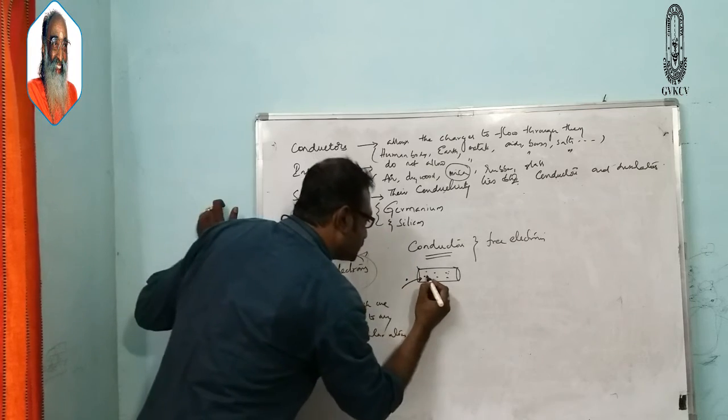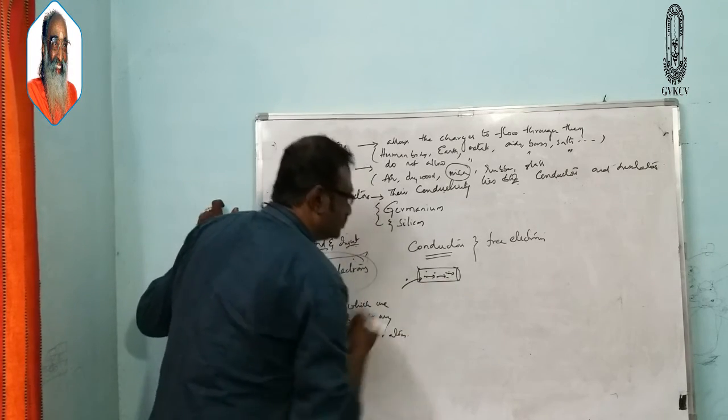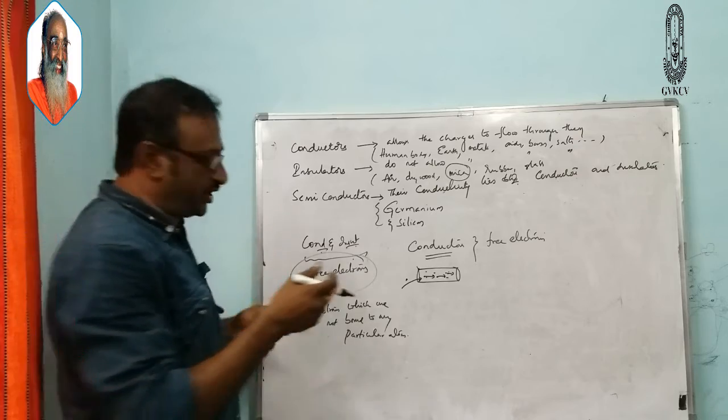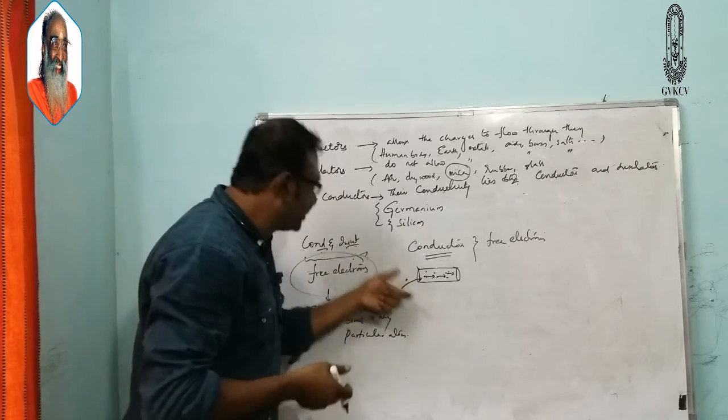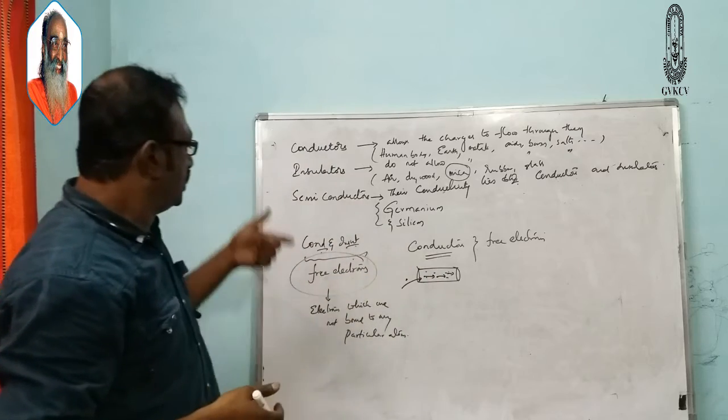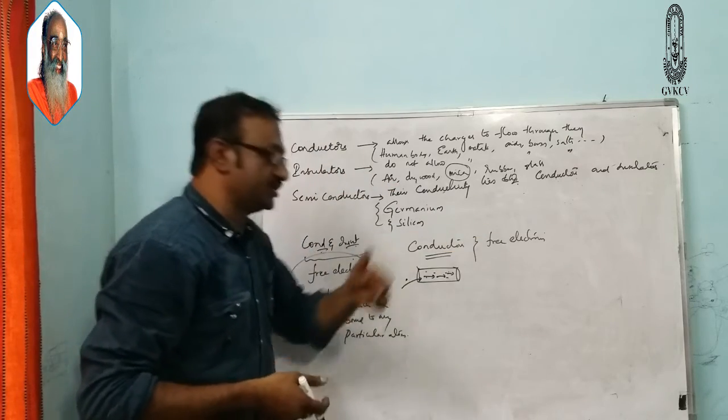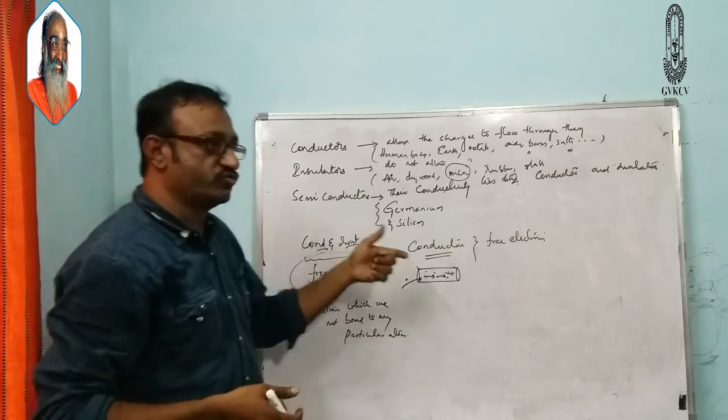So this starts moving. These free electrons that are introduced into the conductor start moving. That is why conductors are able to conduct electricity, or allow charges to flow through them.